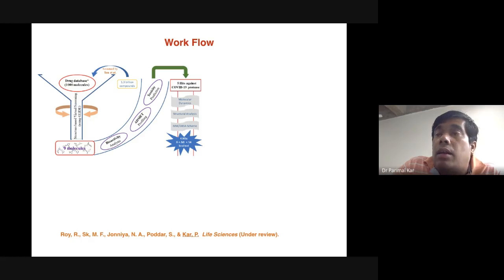And actually, we started from what they got. We started from 1,000 compounds obtained from 1.3 billion compounds, and then we used stricter methods to reduce the number of compounds. Finally, we reduced the compounds to 9 molecules using Glide software.